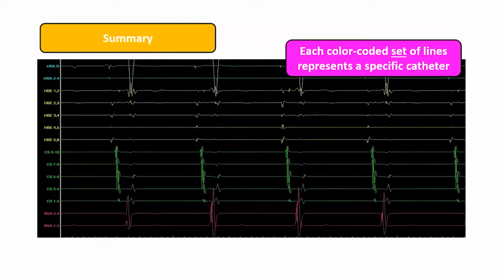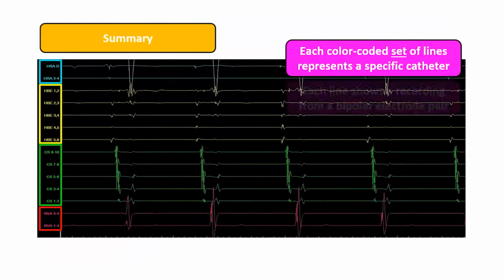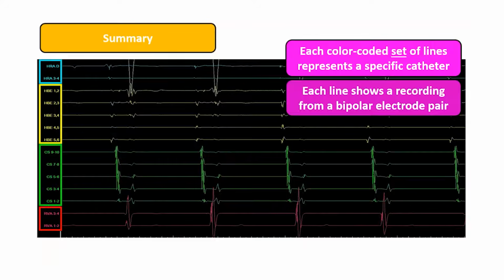So let's summarize what we've covered so far. Here's our electrogram monitor. We now know that each color-coded set of lines represents a specific catheter, whether our high right atrial catheter, our His bundle catheter, our coronary sinus catheter, or our RV apical catheter. And we know that each line represents a recording from a bipolar electrode pair.